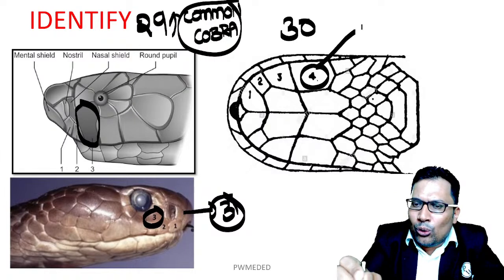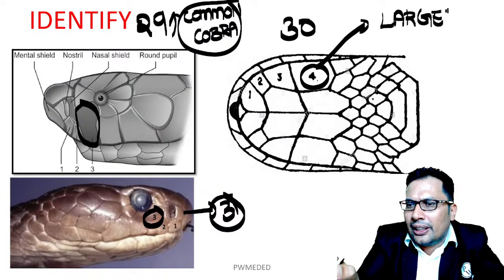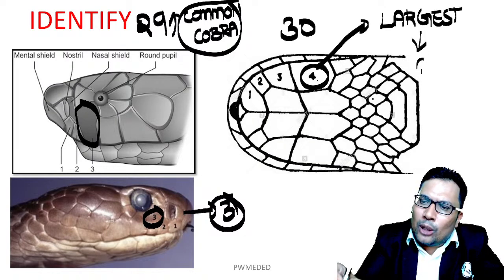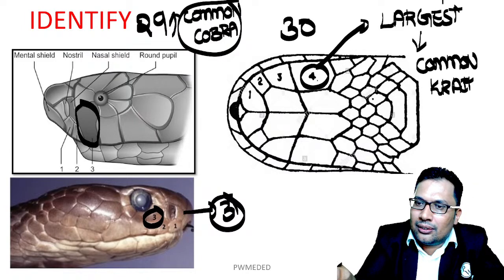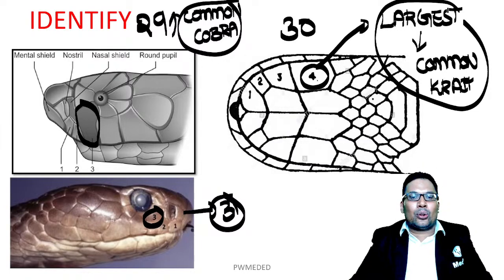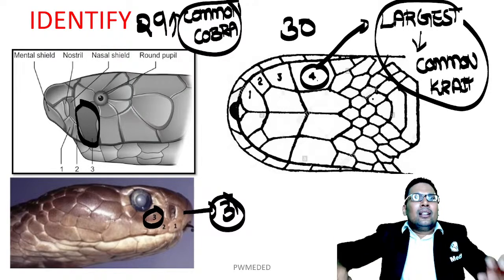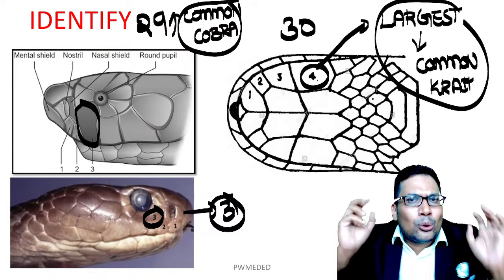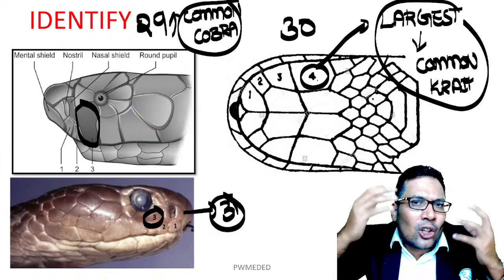And whenever the fourth labial is the largest, your answer should be common krait. Once again, I repeat: third labial touching both eye and nostril, common cobra. Fourth infralabial largest, common krait.